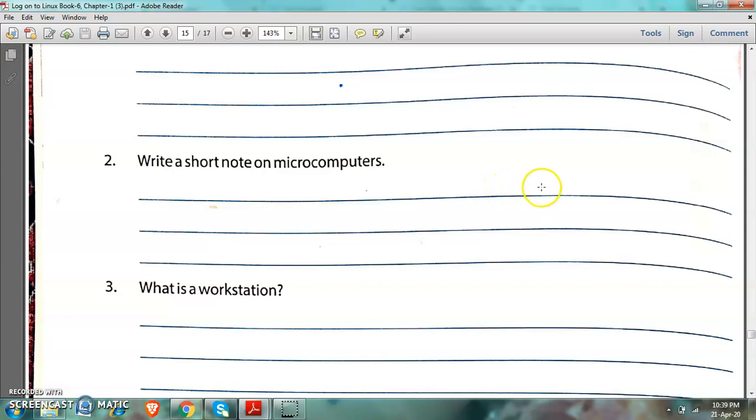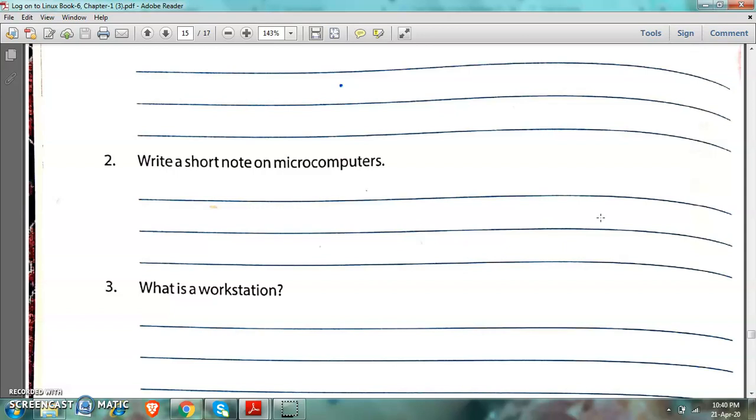The two main types of microcomputers are laptop and desktop computers.